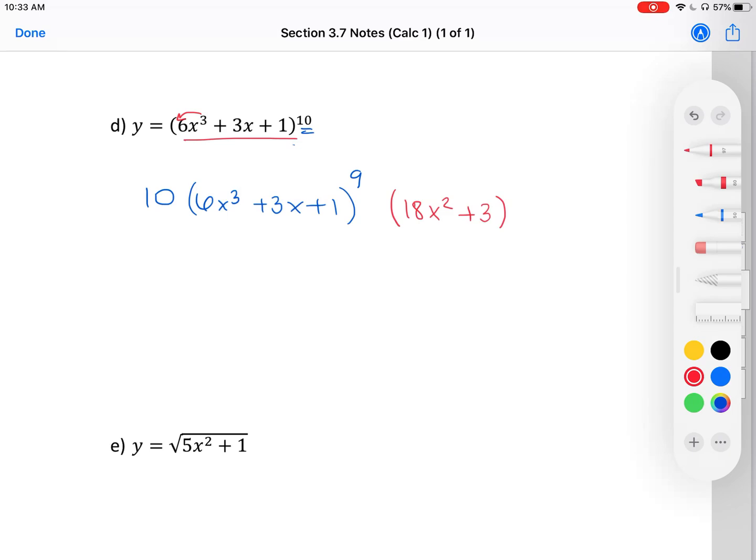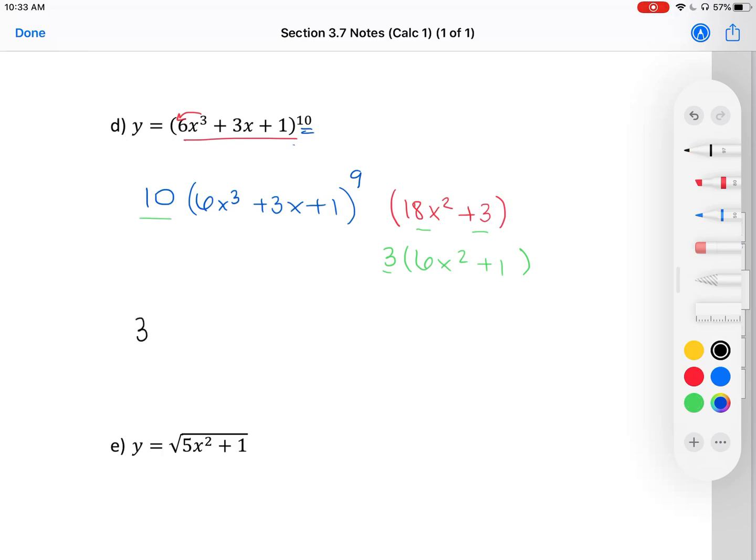Okay, now I can factor out a 3 from these so that I have 3, and I'm just factoring. I'm just trying to remove as many constants as I can to the front. So we have 6x squared plus 1. That way I can multiply these guys.